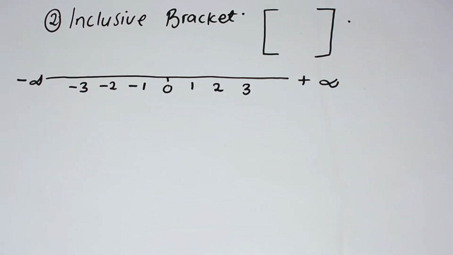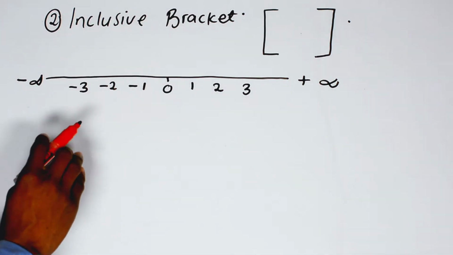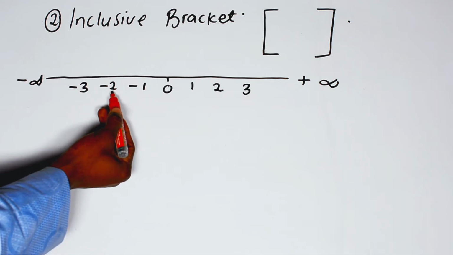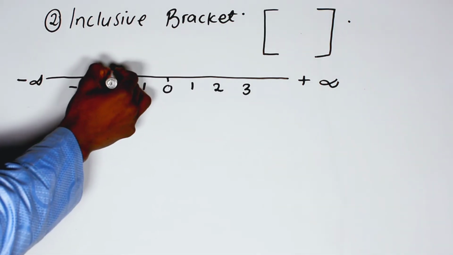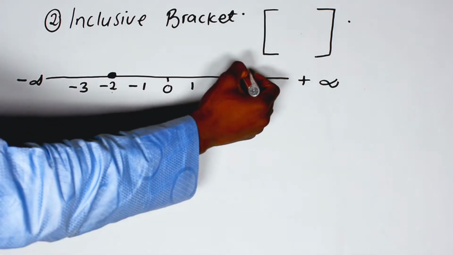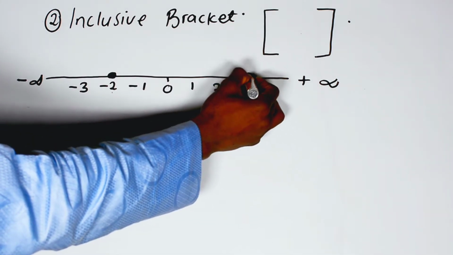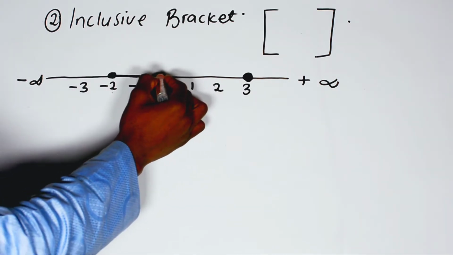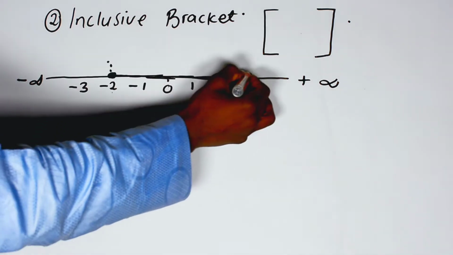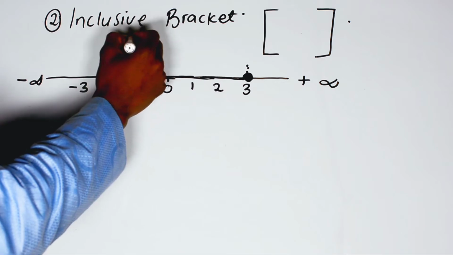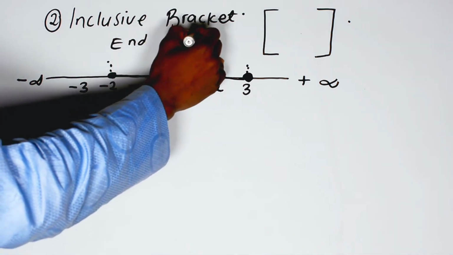So let's say, for example, we want to show that negative 2 to positive 3 are included in a domain or range. So we make a dot, a closed dot. So now let's shade from negative 2 to positive 3. That means we need them in the domain or range, and they are the end points.